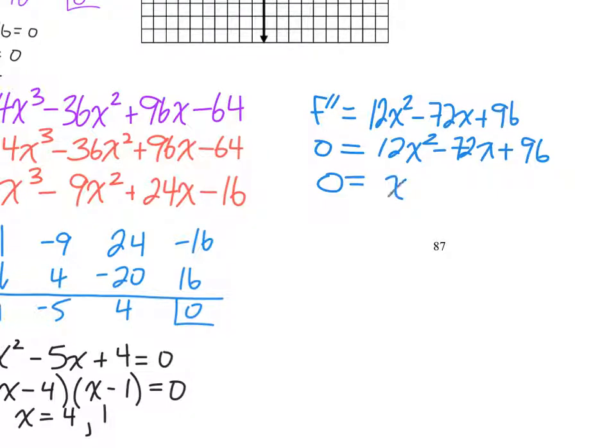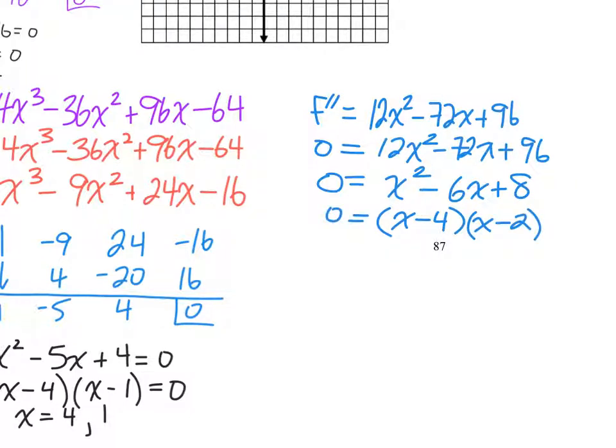GCF of 12, so x squared minus 6x plus 8. So (x minus 4)(x minus 2). So my possible points of inflection.